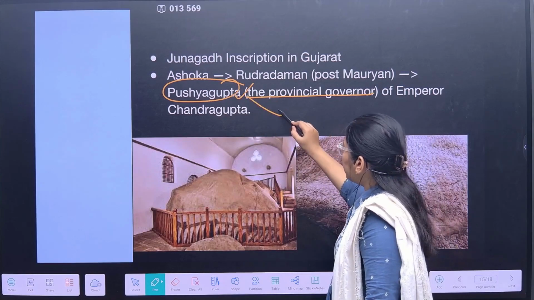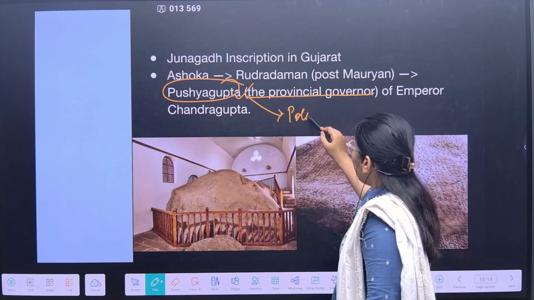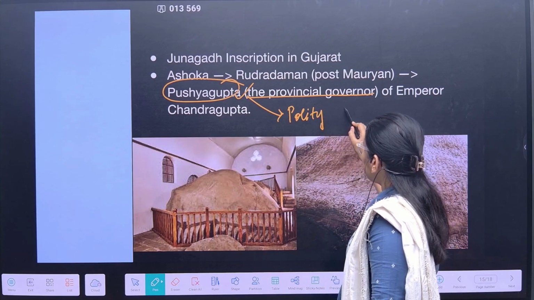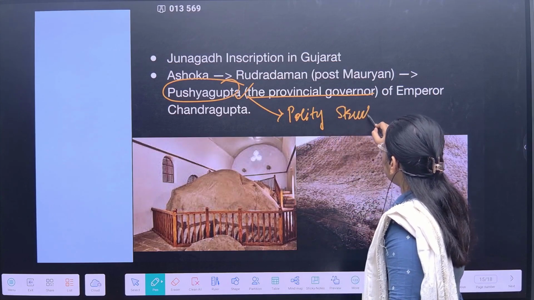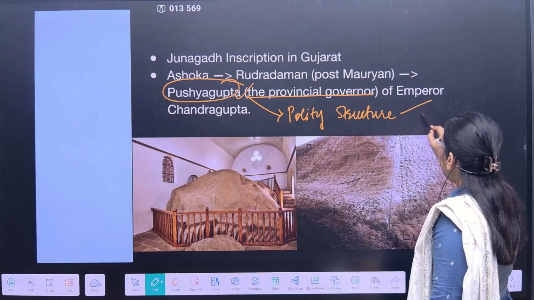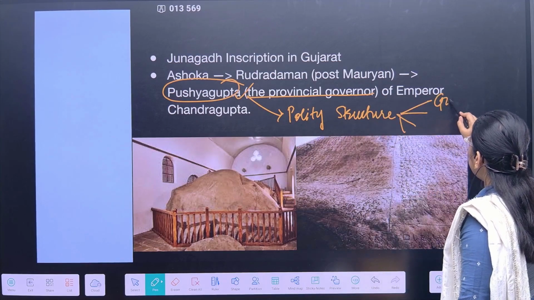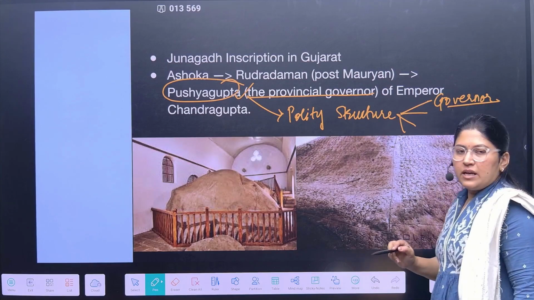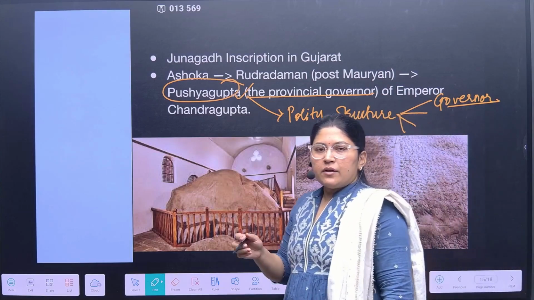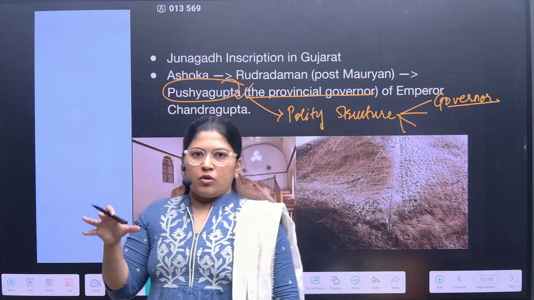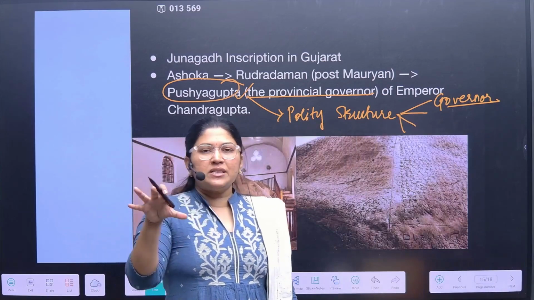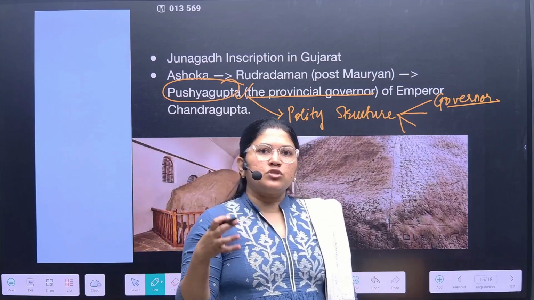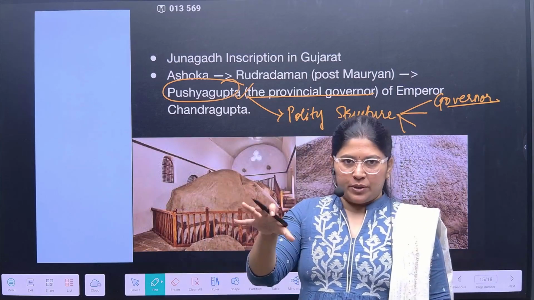So based on this, we understand what the political structure was: that different governors were appointed for different regions. Like if you see the region of Indore or present-day Madhya Pradesh, Ashoka was appointed as the governor for that particular region.